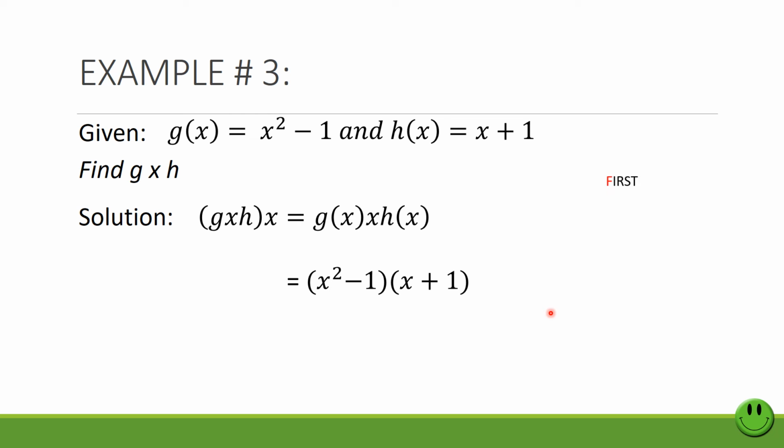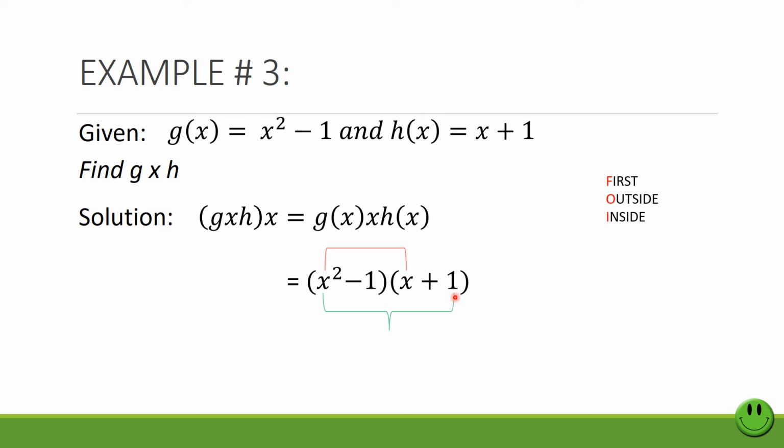We have here F for first, that means the first terms. So our first terms here are x squared and x. And then O for outside, that means the outside terms. So the outside terms here are x squared and positive 1.